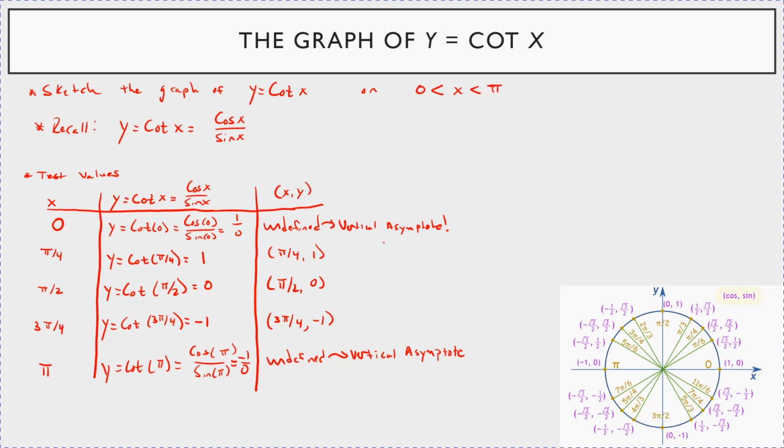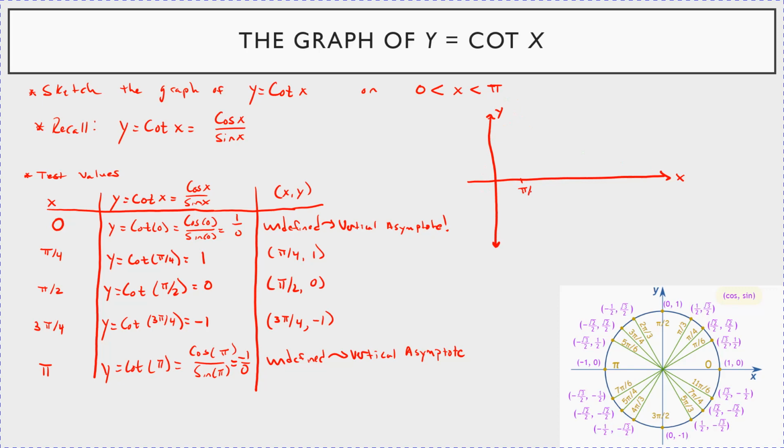So now you're going to use, just like with the tangent graph, these vertical asymptotes to help you plot the graph. Here's x, here's y, here's 0, x is equal to 0.